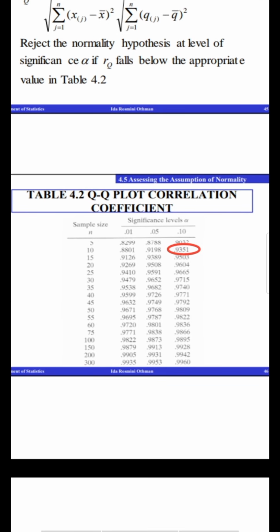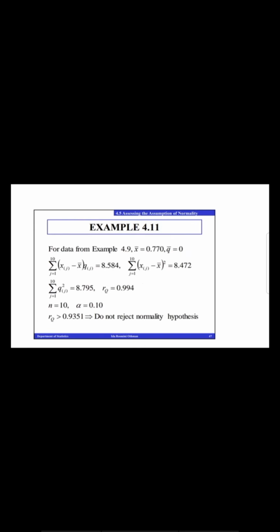Gunakan value alpha dan juga nilai n, sample size. So in our example tadi, our sample size adalah 10 and our alpha kita gunakan 0.1. So the value of critical point adalah 0.9351.